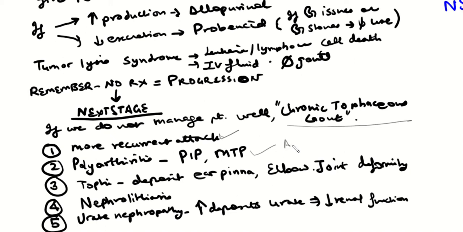And this arthritis may cause those joints to degenerate. Okay? There might be tophi, which is deposition of urate in the ear pinna, elbow, okay, causing joint deformity. So this tophi is a hallmark.